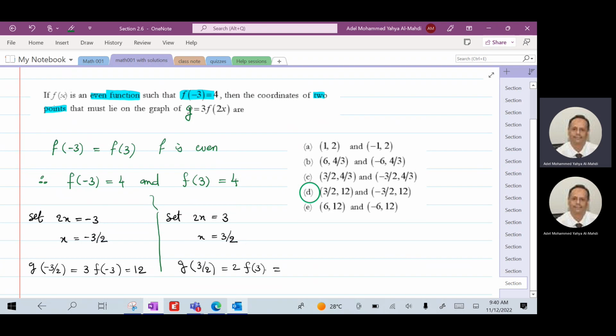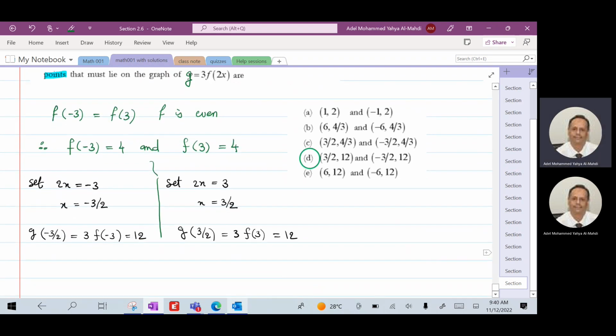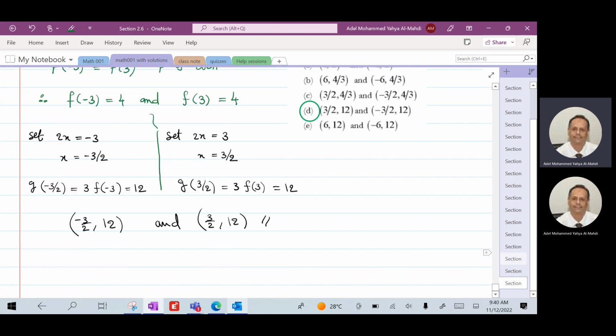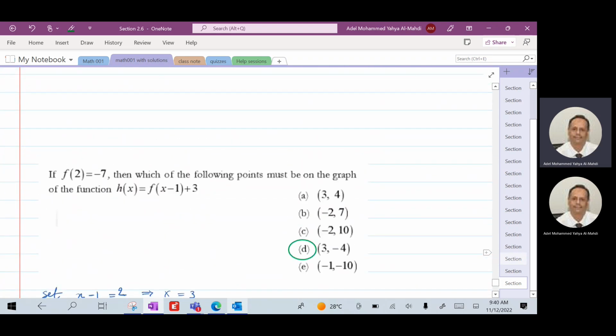We know that f at 3 is 4, so 4 times 3 is 12. Then the 2 points are minus 3 over 2, comma 12, and the second point is 3 over 2, comma 12. So ask yourself, if he said that f is an odd function, what are the 2 points? I think I can stop here.